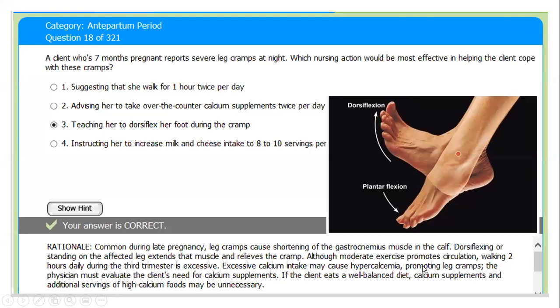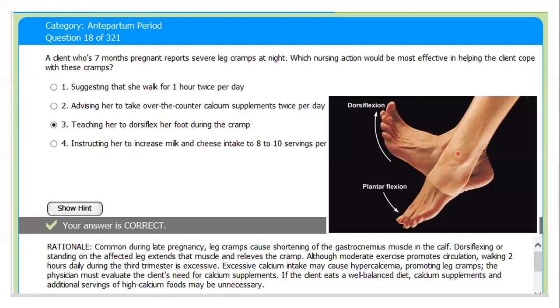Although moderate exercise promotes circulation, walking 2 hours daily during the third trimester is excessive. Excessive calcium intake may cause hypercalcemia or promote leg cramps. The physician must evaluate the client's need for calcium supplements. If the client eats a well-balanced diet, calcium supplements and additional servings of high-calcium food may be unnecessary.